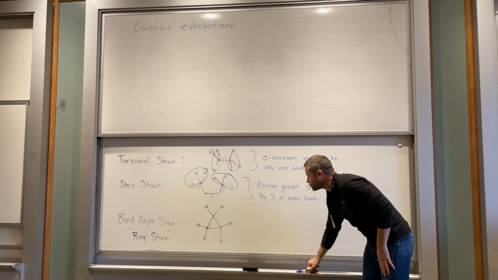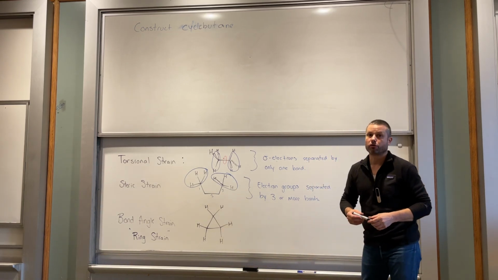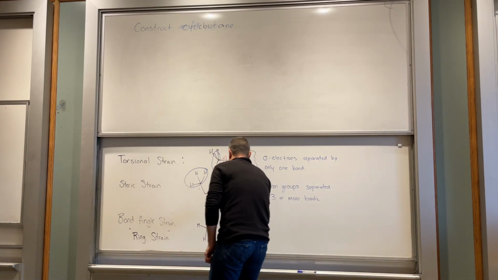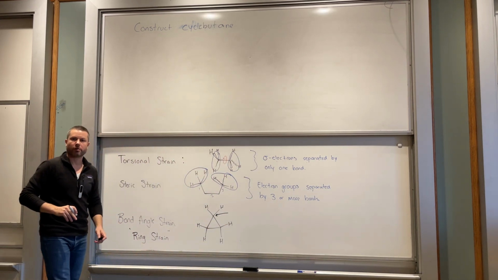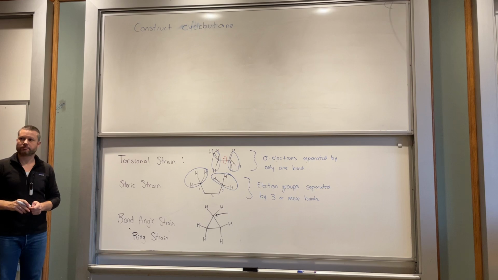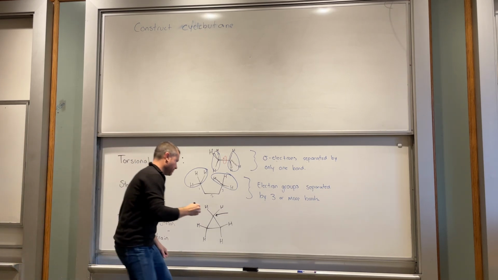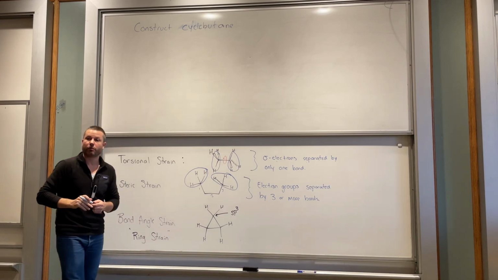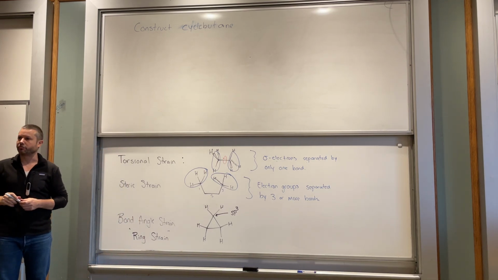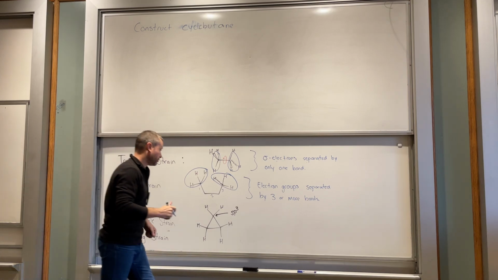Up here on the board, I've drawn out the molecule cyclopropane. Who can tell me what the hybridization of each carbon in cyclopropane is going to be? sp3. Awesome. If that's an sp3 carbon, what is the bonding geometry around that carbon? Tetrahedral.